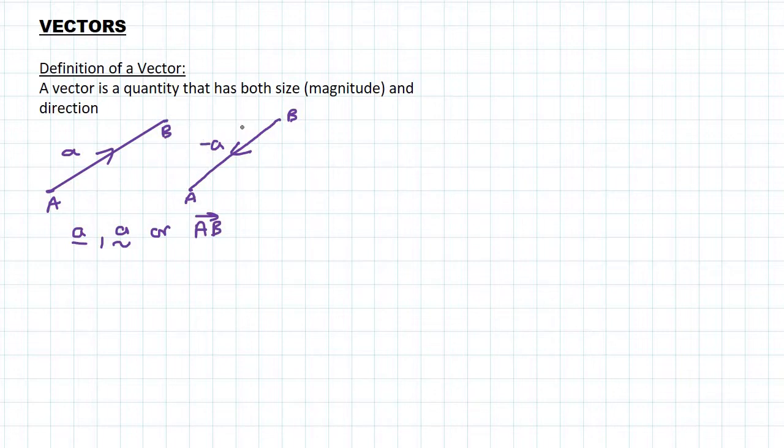So it's the same size line going in a different direction. Instead of going from point A to point B, it's going from point B to point A. So that will be represented by BA.